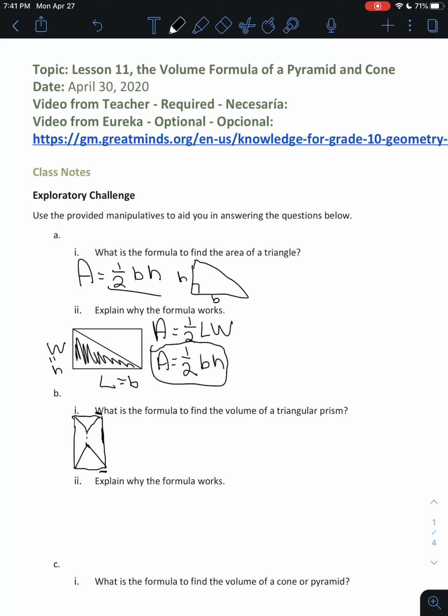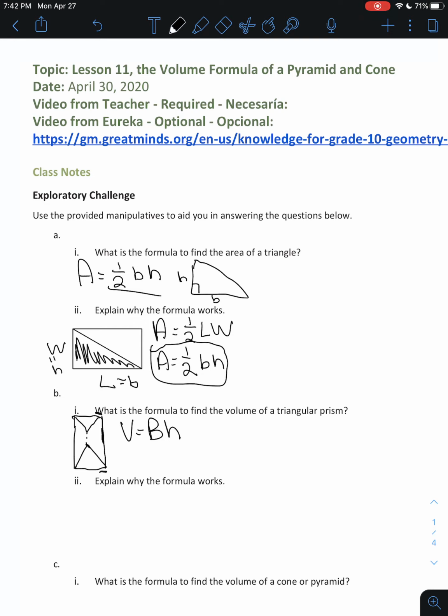So what is the formula to find the volume of this triangular prism? If we remember, for any 3D shape, the volume is always going to be base times height, right? You're taking the base and multiplying it by the height.